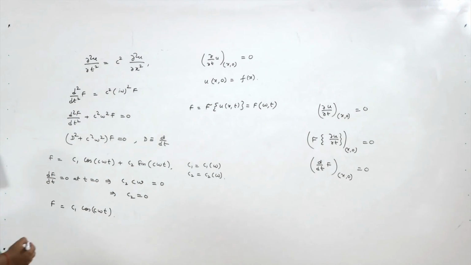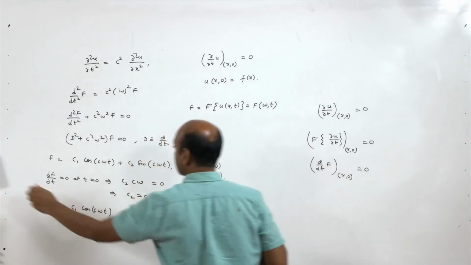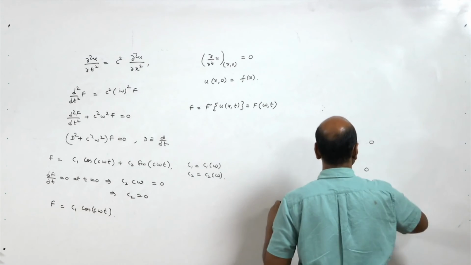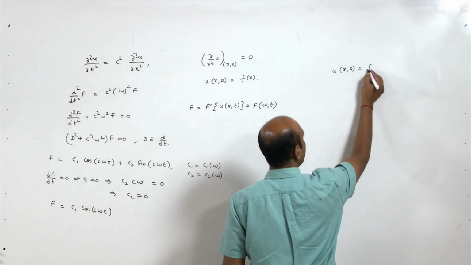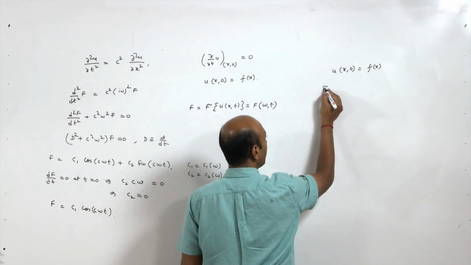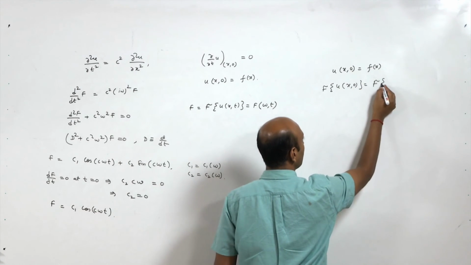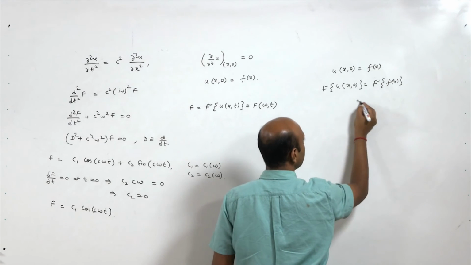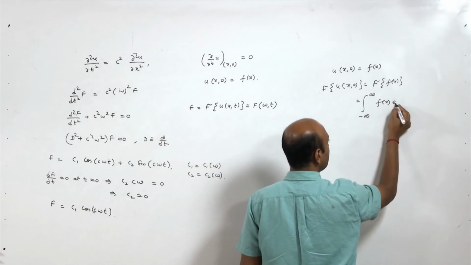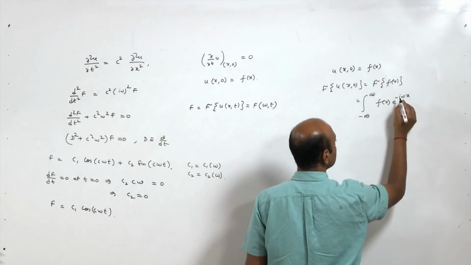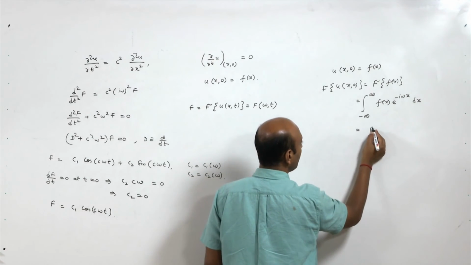Now, we have one more condition to find the value of C1, that is u(x, 0) equal to f(x). Take the Fourier transform of both sides. The Fourier transform of u(x, 0) will be nothing but the Fourier transform of f(x), that is the integral from minus infinity to plus infinity of f(x) e^(-iωx) dx.